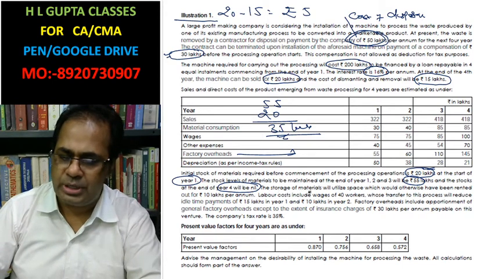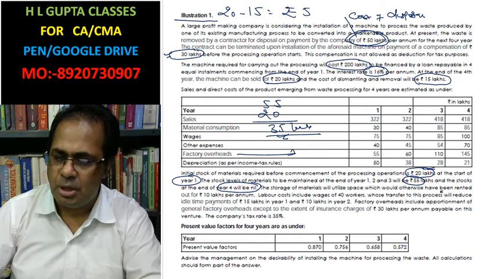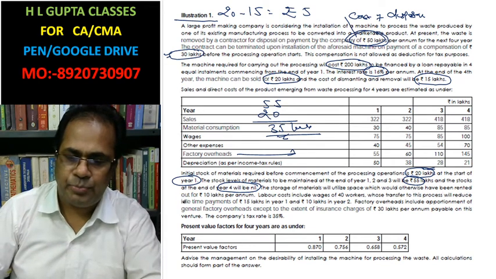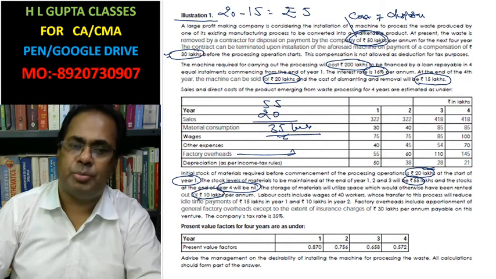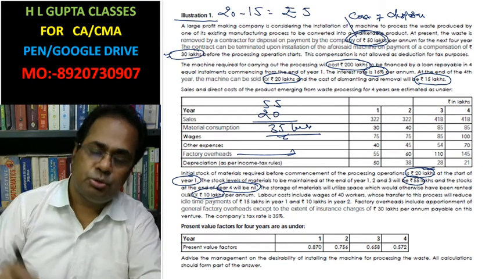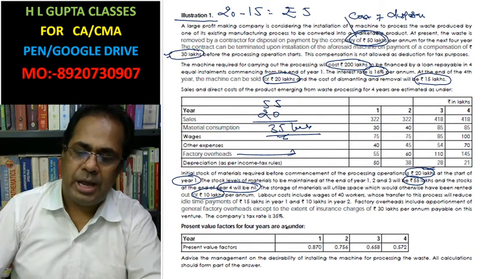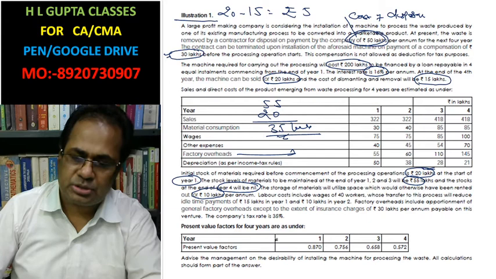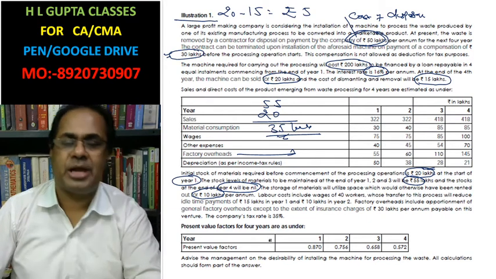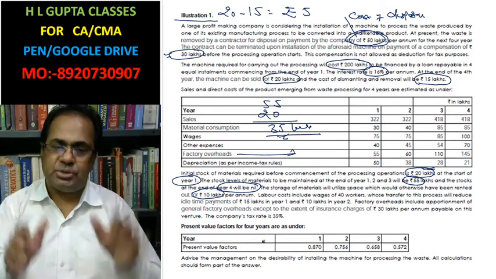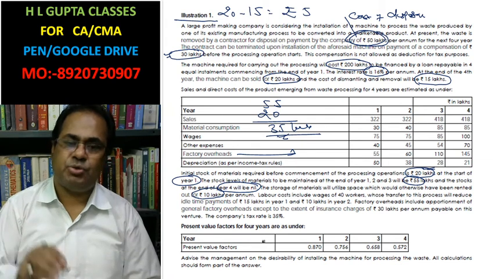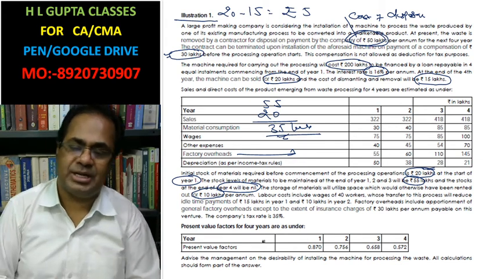The storage of the material will use space which would otherwise have been rented out for rupees 10 lakh. You have stored the raw material, and a storage cost of rupees 10 lakh can be assumed, because that space you had let out for rupees 10 lakh.